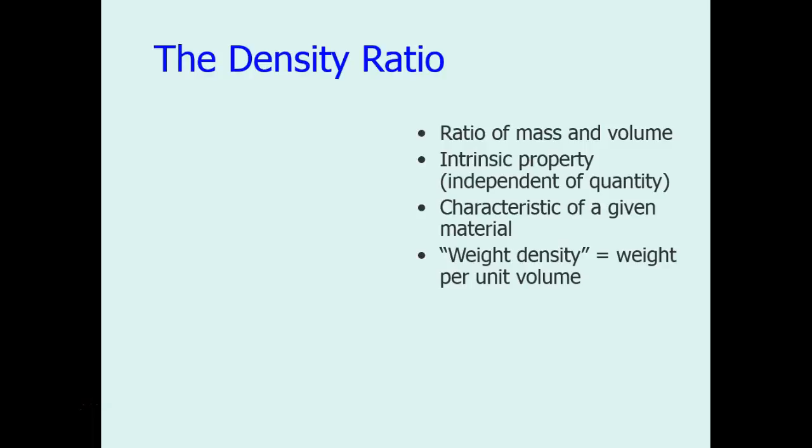Example 1.1 that's in my book is at the bottom of page 9, first column, but it may be somewhere else in yours. Two blocks are on a table. Now I draw ugly tables, but let's just imagine this is the table. Block A has a volume of 30 cubic centimeters.